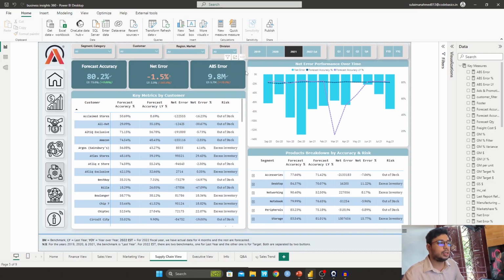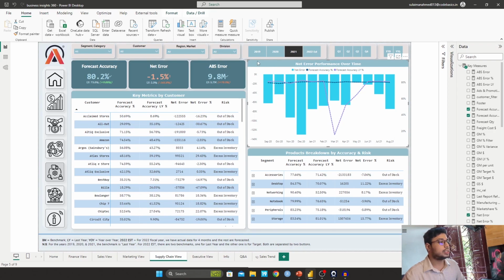So these KPIs show what the error in forecasting of sales was. And the supply chain executive can also see from this line and clustered column chart that the net error means the error when doing the forecasting.